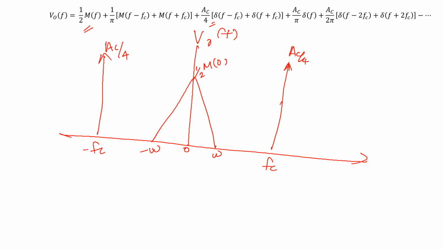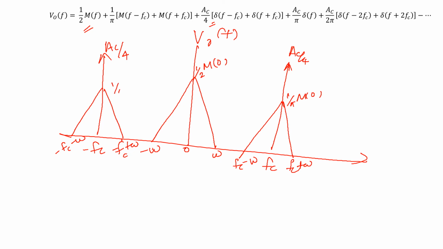Then you will be having the two side bands. One is your upper side band, the other one is your lower side band. So what will be your value here? fc plus W, and here it is going to be fc minus W. Similarly, here it is going to be minus fc plus W and minus fc minus W, right. So what is your amplitude value here? 1 by pi into m of 0.